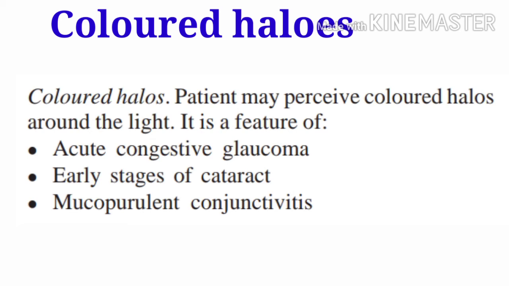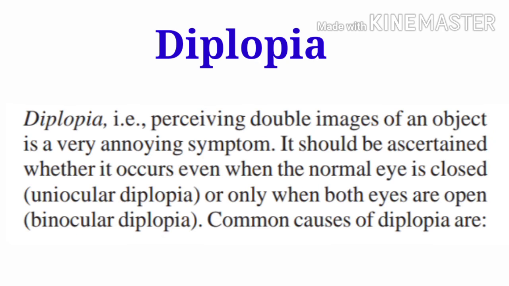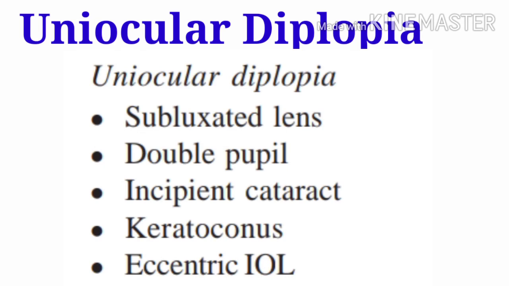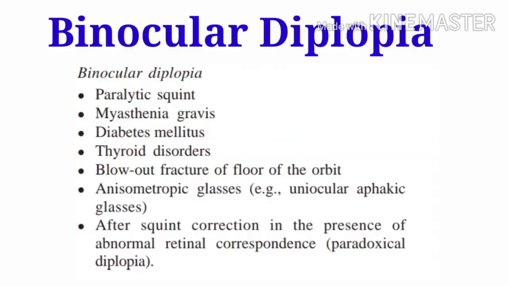Next one is diplopia. Perceiving a double image of an object is a very annoying symptom. It should be ascertained whether it occurs even when the normal eye is closed or only when both eyes are open. Common causes of monocular diplopia are subluxated lens, double pupil, incipient cataract, keratoconus, eccentric IOL.